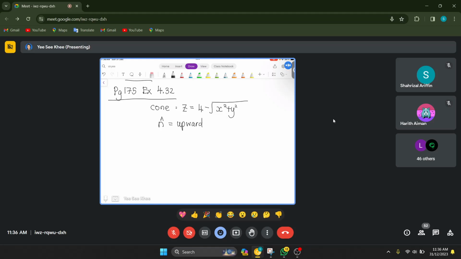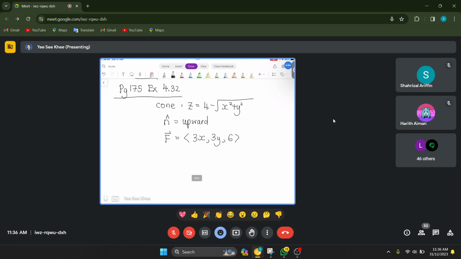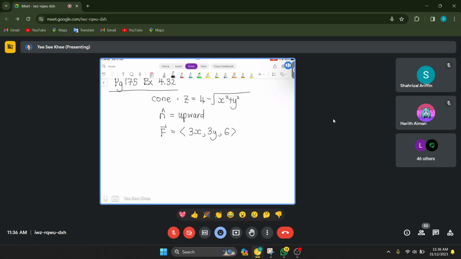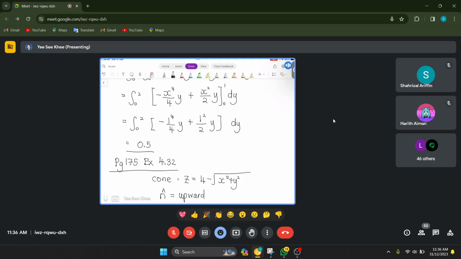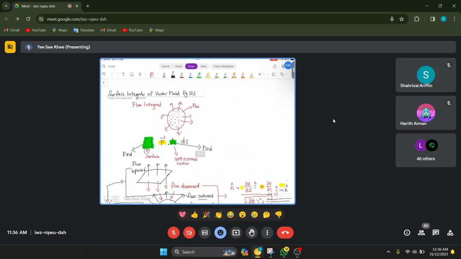The velocity vector F is given as 3x i, 3y j, and 6k. So this is the velocity vector. Now you have to find the flux of water. They didn't mention the surface integral of a vector field, but remember I mentioned that the surface integral of the vector field is also known as the flux integral.